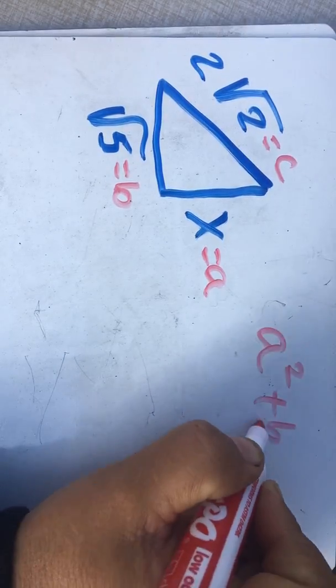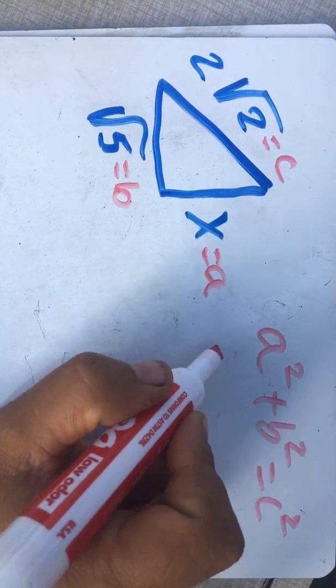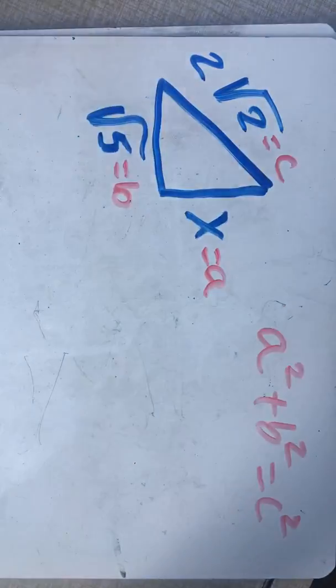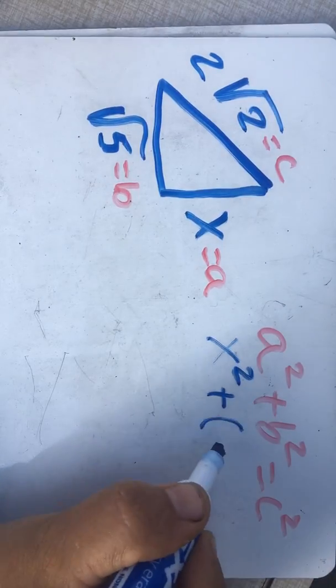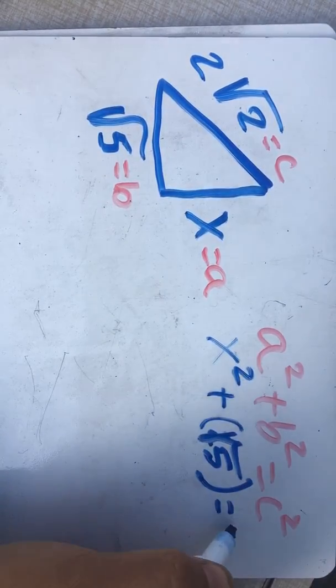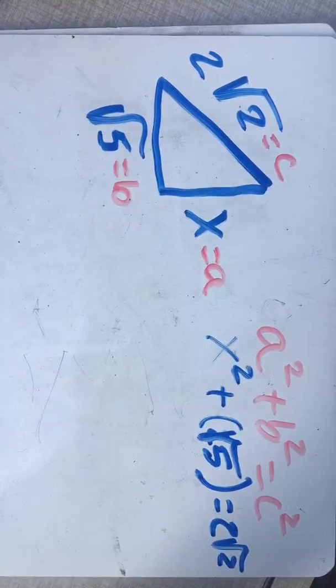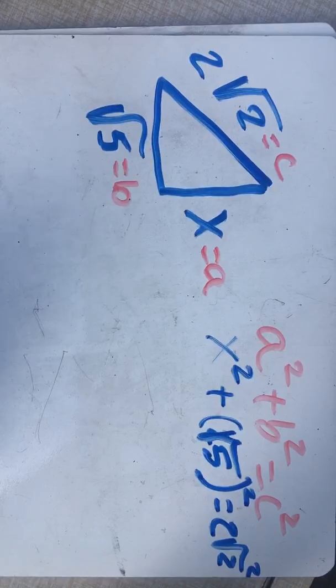A squared plus B squared equals C squared. Again, you plug in the values that you know. This then becomes x squared plus radical 5 equals 2 radical 2. Well, you kind of have to figure those out when you square them.